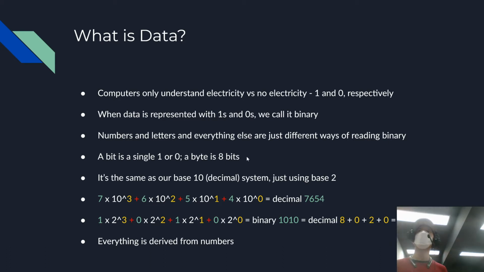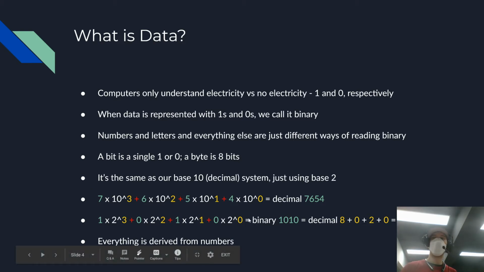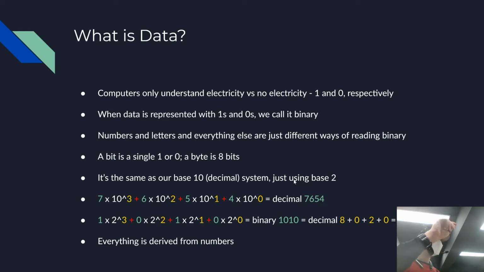As I mentioned before, binary is a base 2 system, again, 0 and 1. Decimal, we have 10 digits. So this might be a bit tricky to understand if you're not mathematically inclined. Like I had a really hard time with this because I'm crap at math. But in a base 10 system, when we have the number 4, for example, what we're really writing is the number 4 times the number 10 to the 0th power, okay?